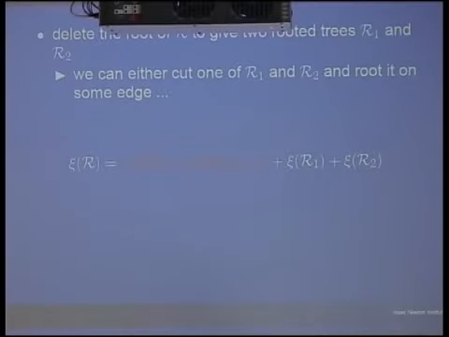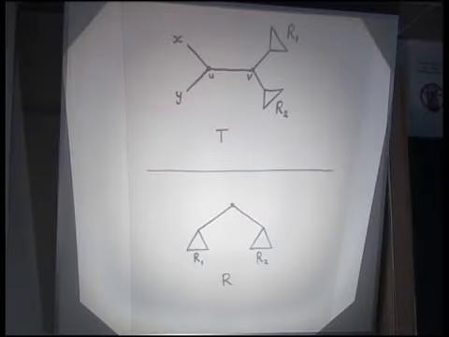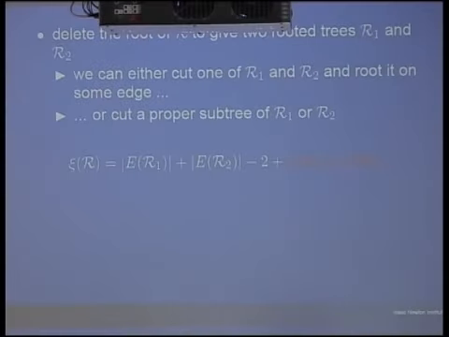Almost, it's number of edges minus 1, because when you cut it off you have a rooted tree, so you have to suppress the root. So for each of those you get this minus 1, which you can't see, becomes a minus 2 when you add up over the 2 trees. The other option is to cut a proper subtree of R1, R2, and that's where you get this recursion down to the next level. So you can work out that recursion, and that's fine.